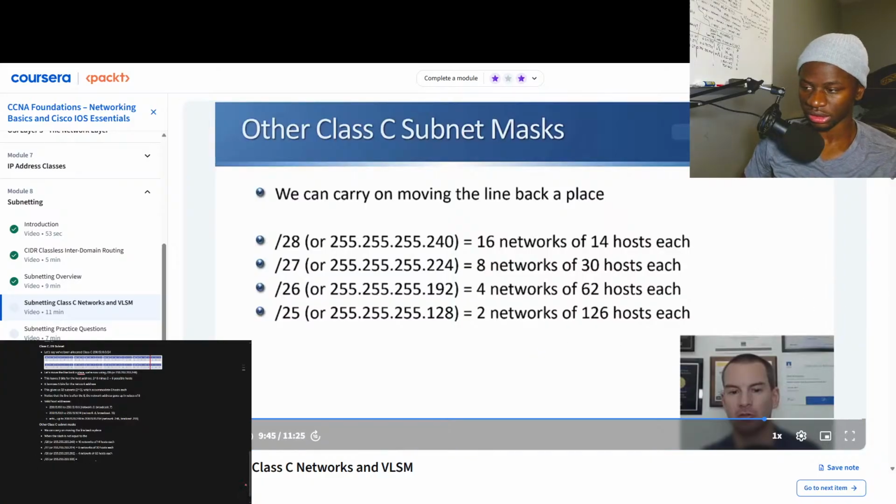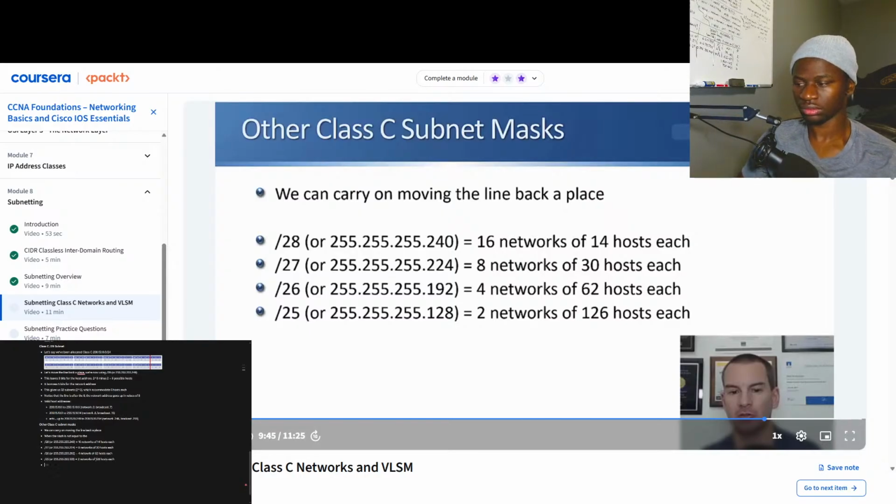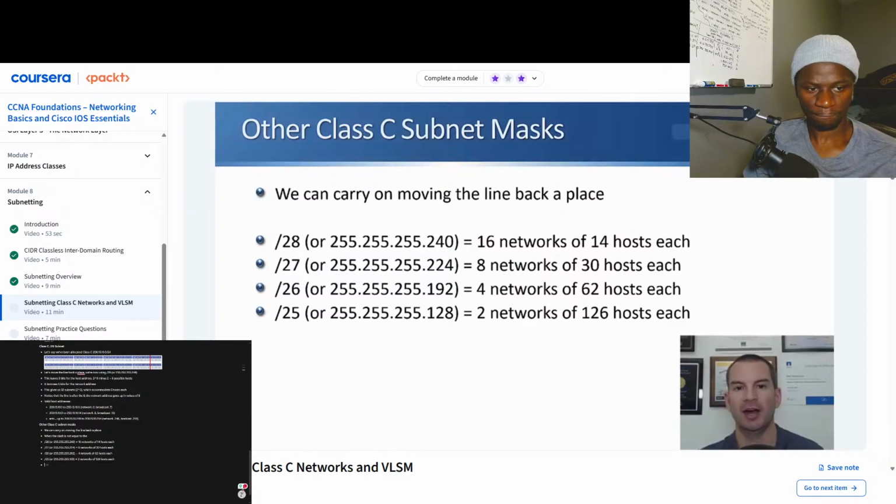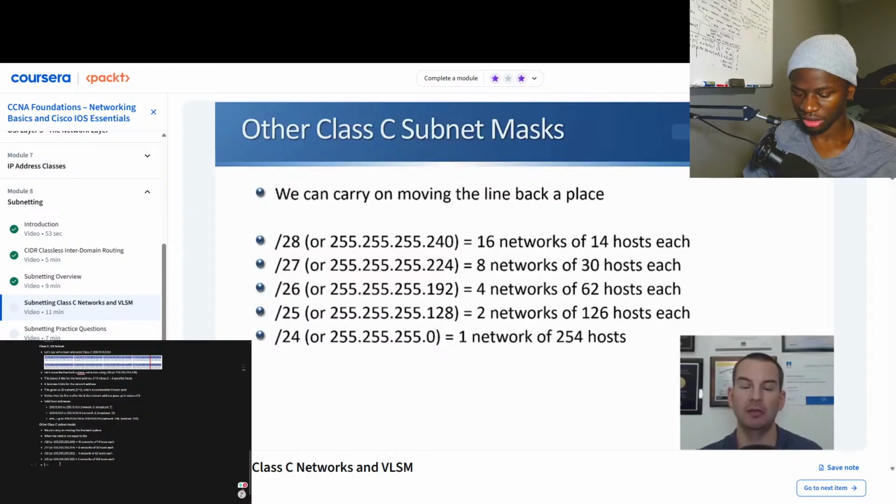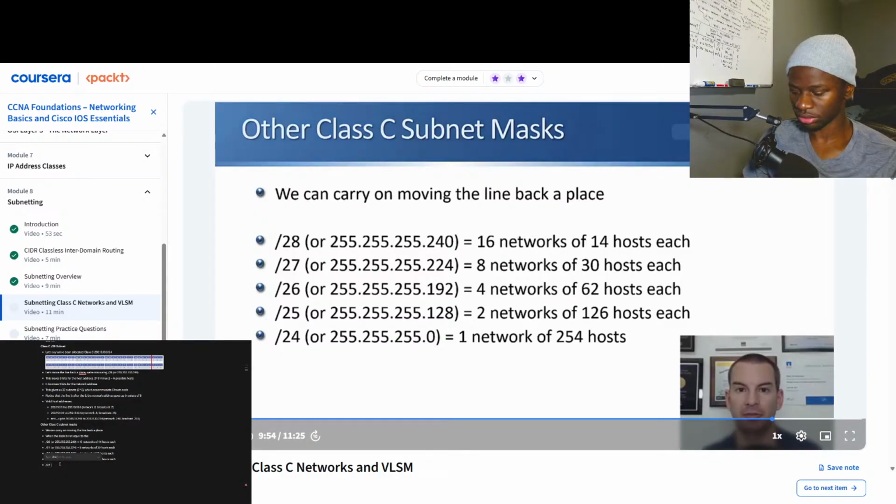I confused myself, so /25 is 2 networks and 126 hosts, and /24 is the default 1 network with 254 hosts.